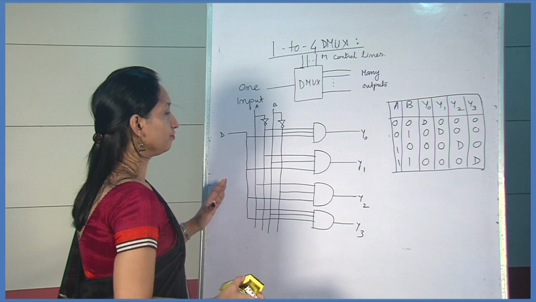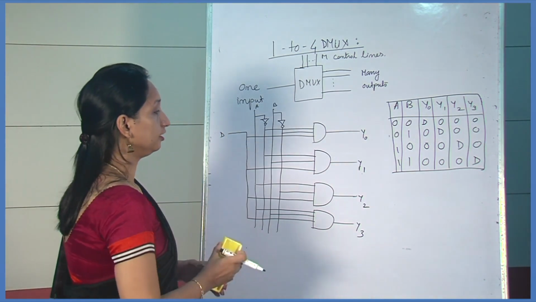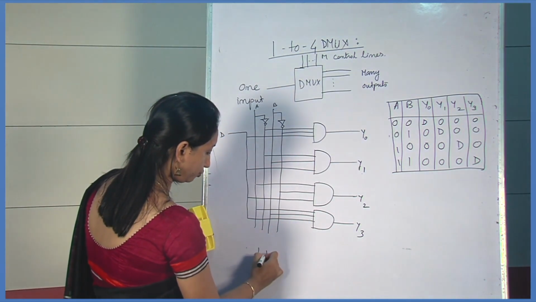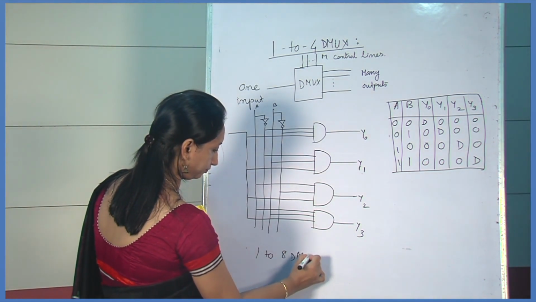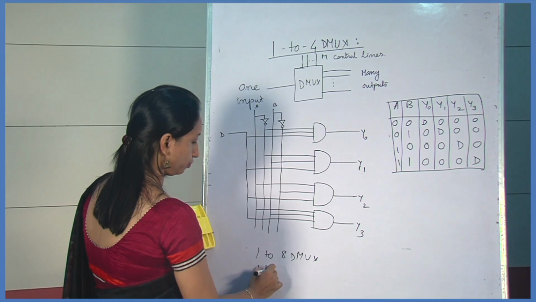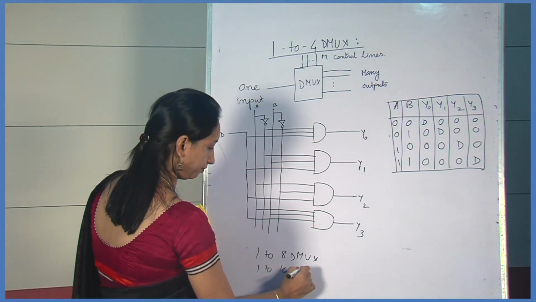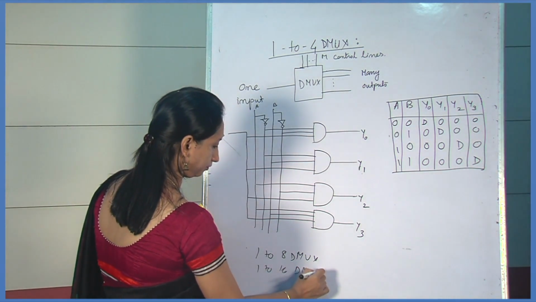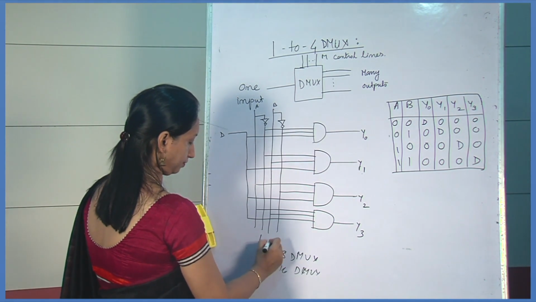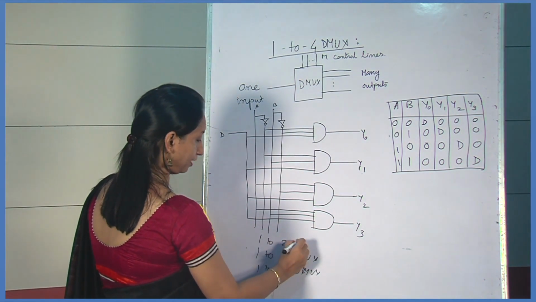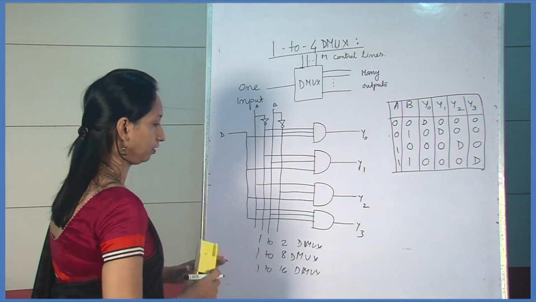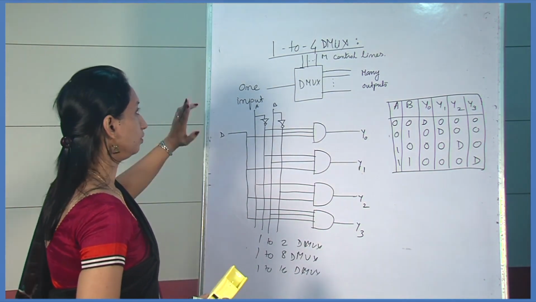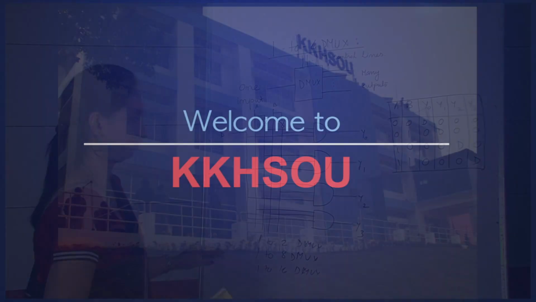Similarly, with the same concept, we can draw the 1 to 8 demultiplexer, or the 1 to 16 demultiplexer, or the 1 to 2 demultiplexer. So I have shown the 1 to 4 demultiplexer.